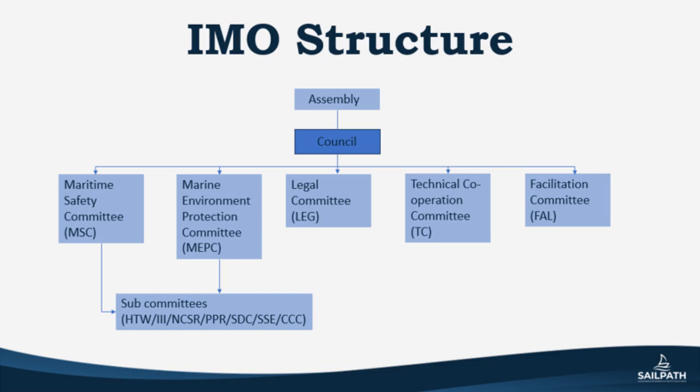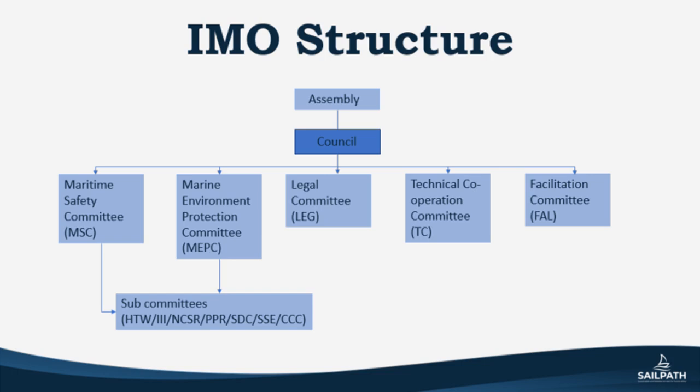As for the IMO structure, the IMO Assembly is on the top, below is the Council, and below the Council there are five committees: the Maritime Safety Committee, the Marine Environment Protection Committee, the Legal Committee, the Technical Cooperation Committee, and the Facilitation Committee.